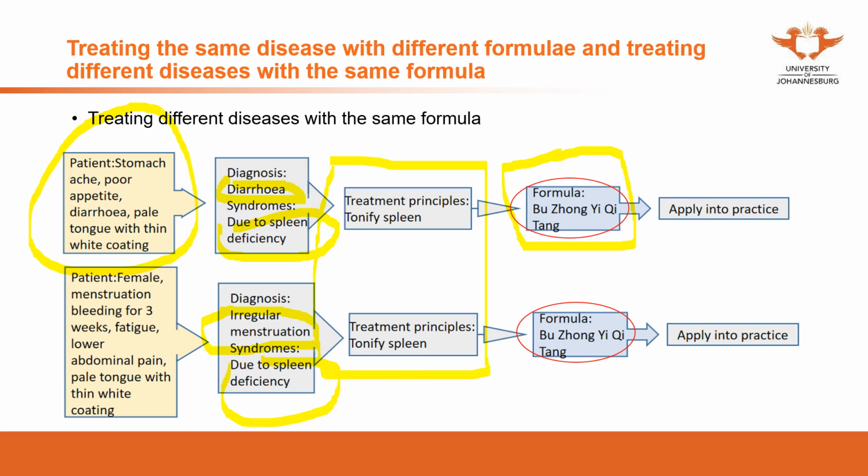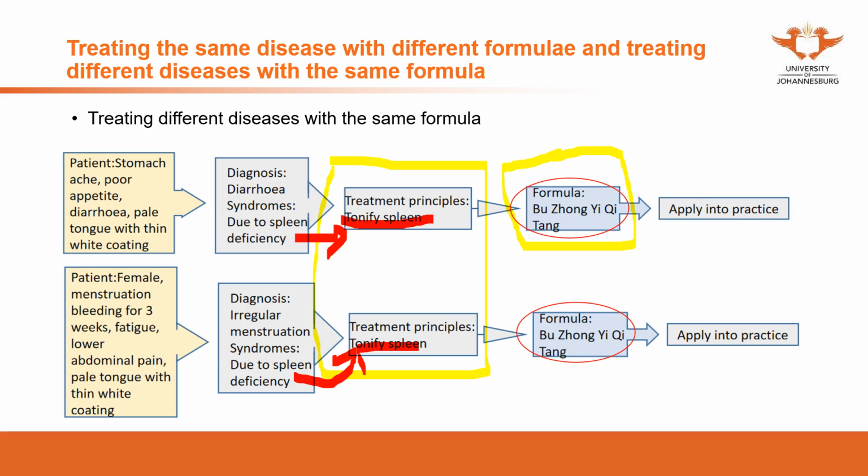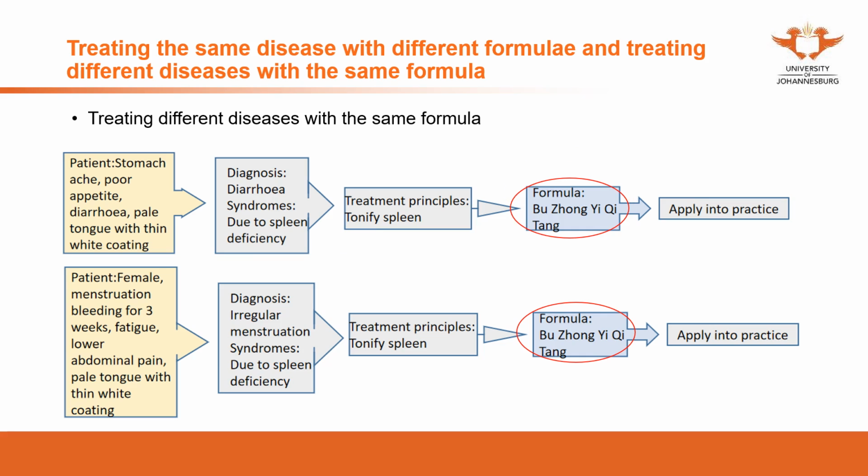The reason is that these patients have the same treatment principle. These principles come from the syndromes, because they have the same syndromes. That's what we mean by syndrome differentiation and treatment variation. You can use the same formula for different diseases if the patient presents with the same syndrome.